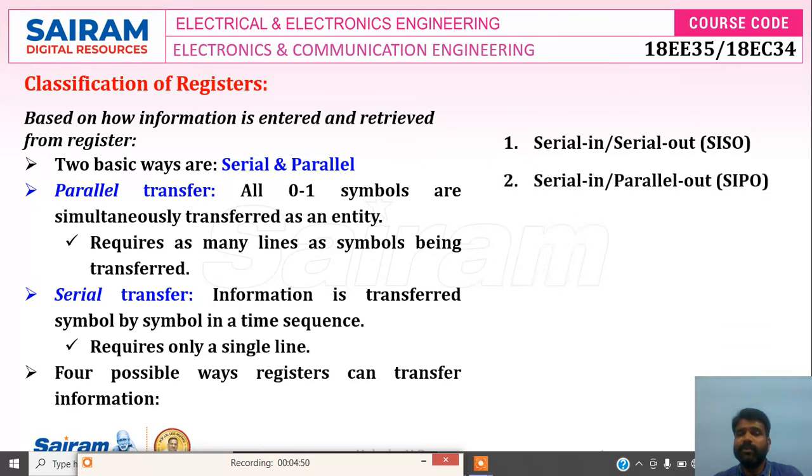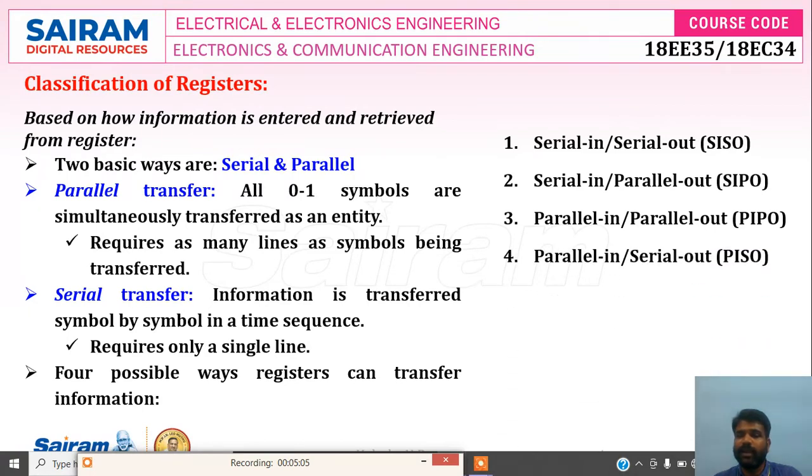Serial in, parallel out, SIPO: we are entering the data serially but we read the data in parallel. Parallel in, parallel out: we are entering the data in parallel and retrieving the data in parallel. And parallel in, serial out. So these are the four ways the register can transfer the information.